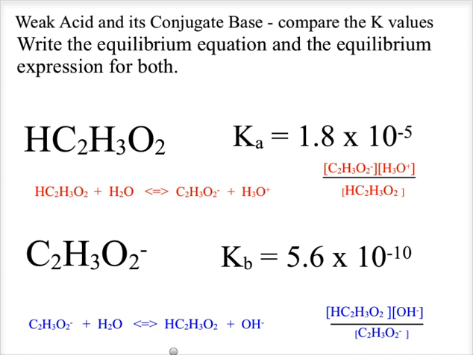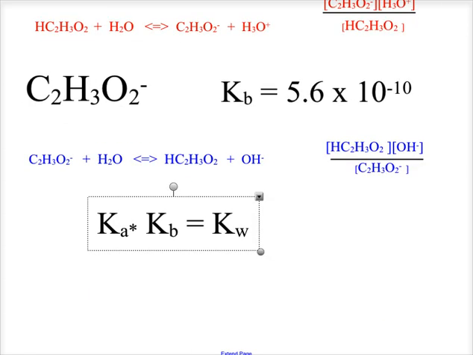Take the time to do a little bit of math and multiply Ka, this value here, by Kb, this value here. And also multiply the numerical value, 1.8 times 10 to the minus 5, by 5.6 times 10 to the minus 10. And what you will discover is that Ka times Kb equals Kw.